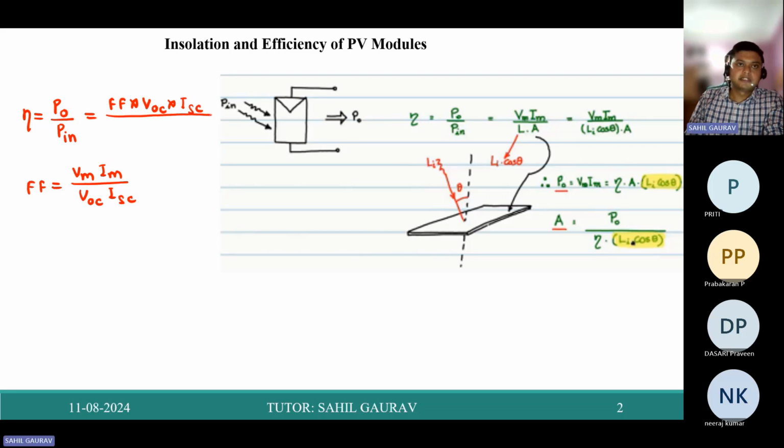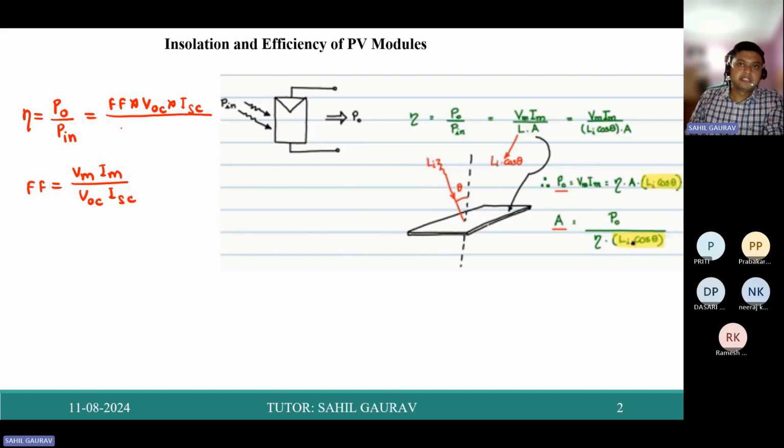The input power for the PV modules is the solar insolation and the area of the PV module, L into A. And for the effective area for the solar insolation, we have to take the normal to this horizontal PV cell, so it can be taken as L cos theta.